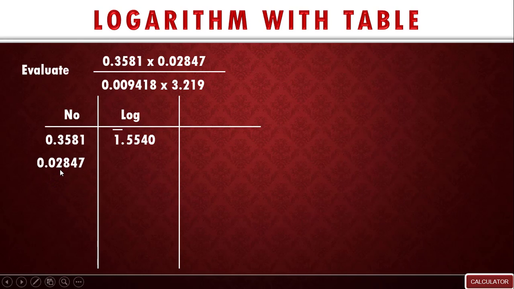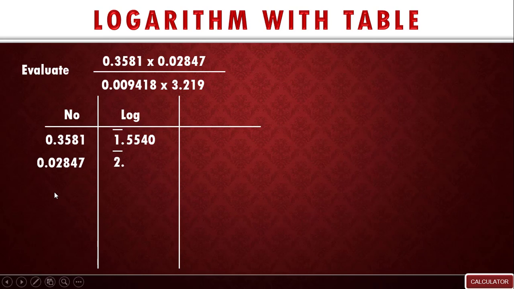Get the reference position. The reference position will be in between 2 and 8, because 2 is the first non-zero digit, so the reference position will be in front of the 2. If we count from our decimal, 1, 2, that means our characteristic will be bar 2.